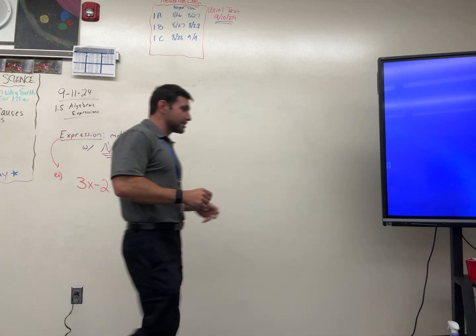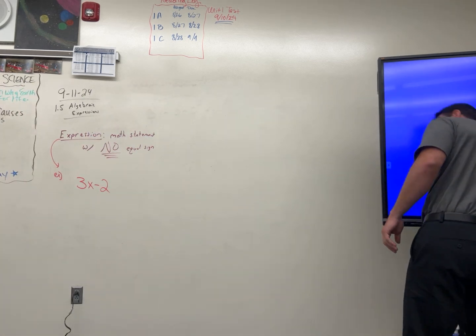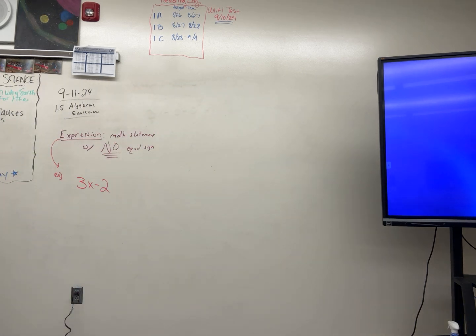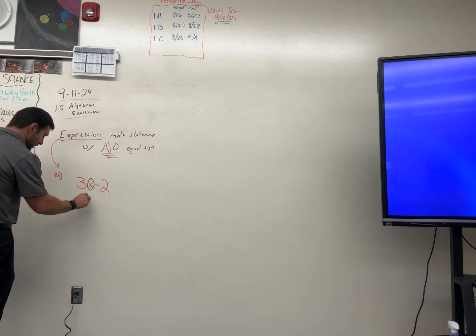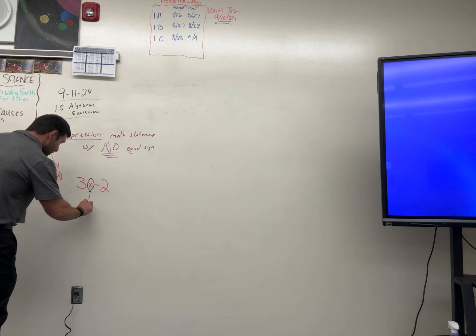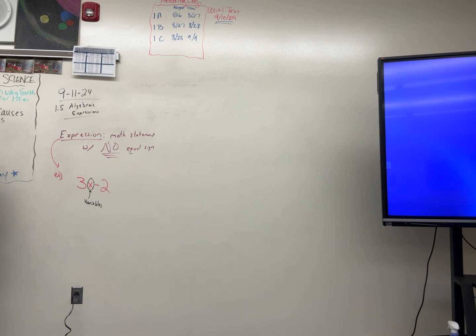Each of these numbers and terms have a specific name. Let's start off with the easiest thing. What is the x? What is the name of the x? What do we call letters? It starts with a V. Variables. Very good, Christian. So, variables take the place of an unknown value.